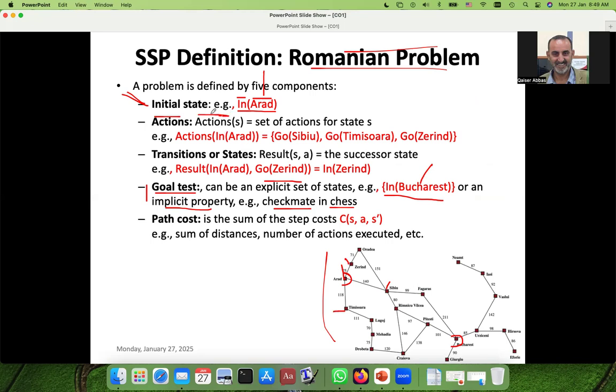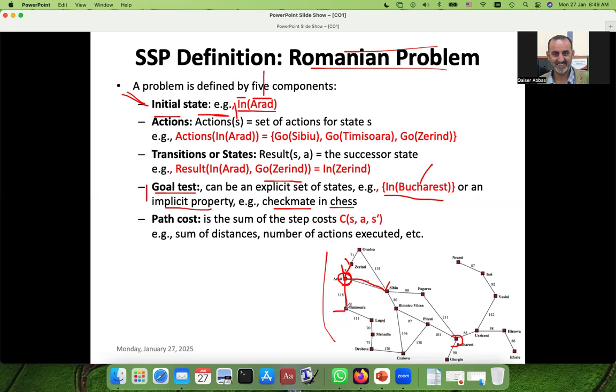It means you have to find actions at state S. For example, here at Arad, what are the actions available? One action is going to Zerind, another action is going to Sibiu, and another action is going to Timisoara. Only three actions are available in this state.